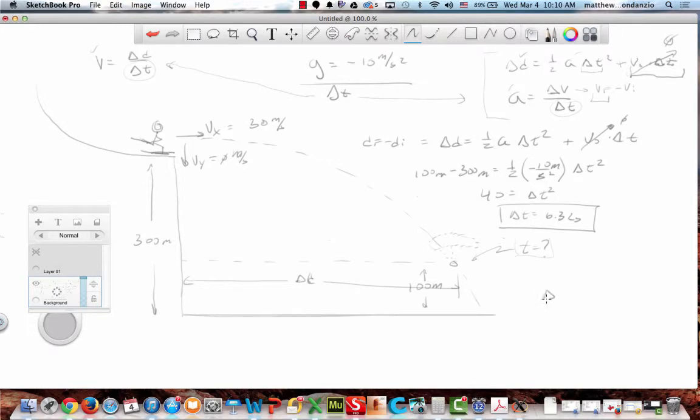That delta d, or I'm going to call it delta x. Okay, we'll call it delta x. What's that change in x? And what is the final velocity in the y, v y f? Do you see why I put v y f? Okay, all right, go.